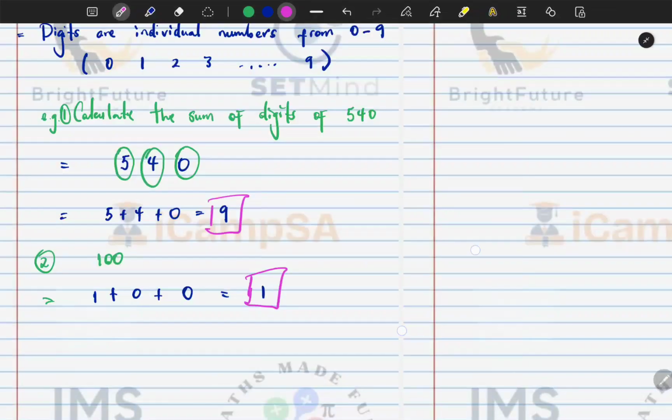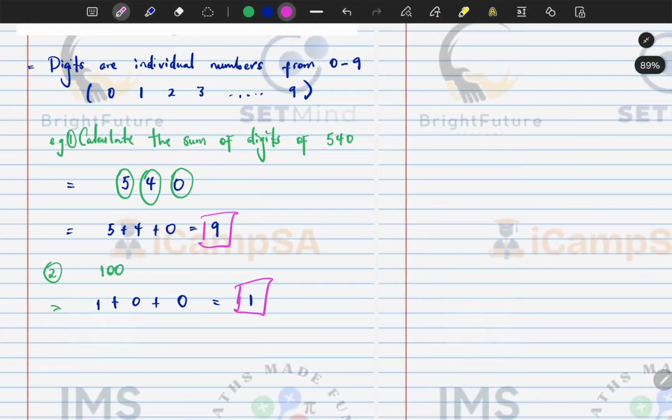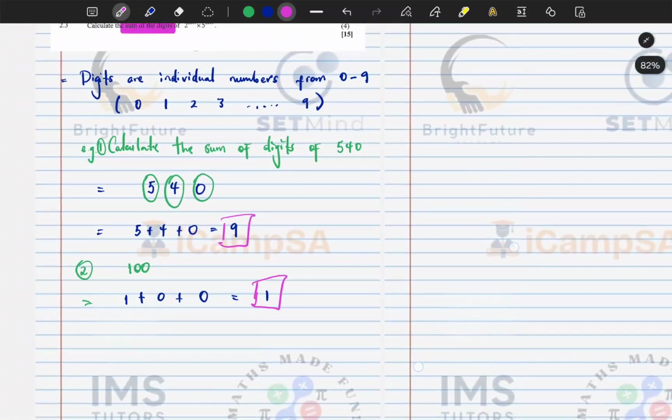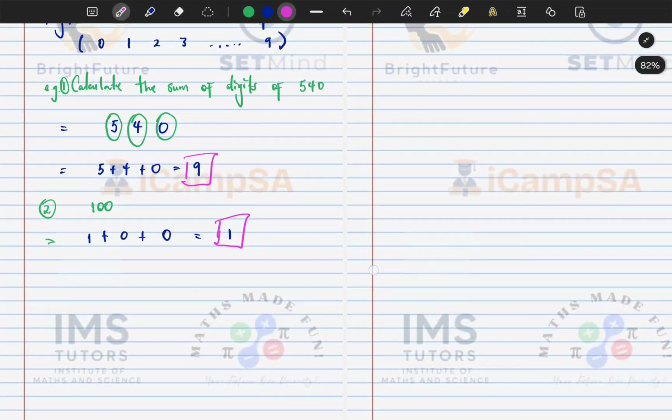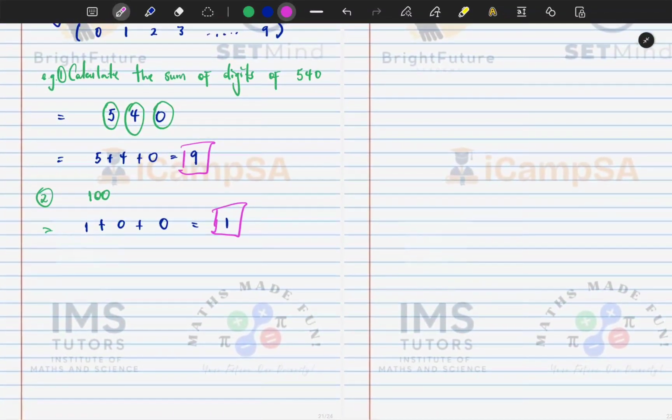So that's how we calculate the sum of digits. It's the individual numbers that make up that number.